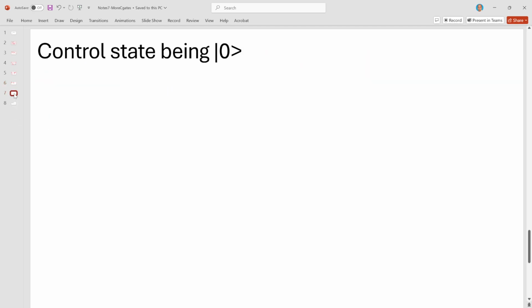Okay, before closing this session, I want to talk about notation and an alternative way of representing control gates.